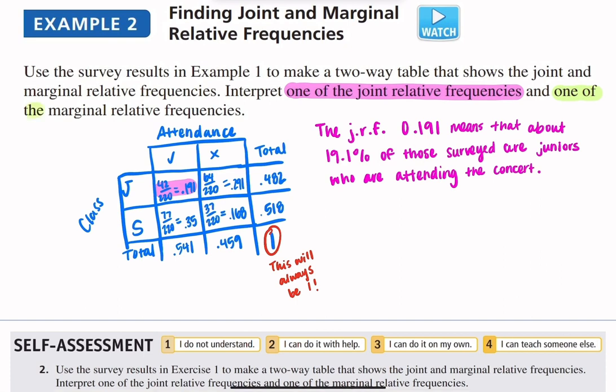And then let's pick one of the marginal relative frequencies. So one of my numbers on the outside, we'll go with this one. I shouldn't have done green, but that's okay.